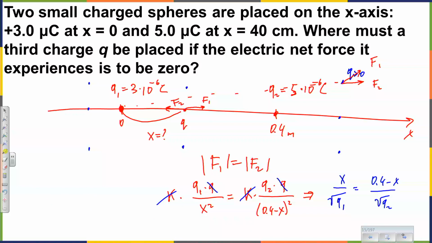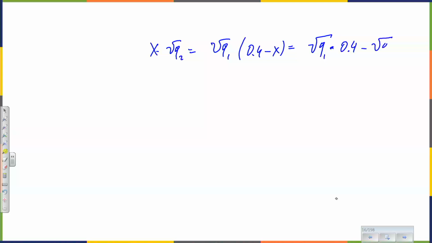So x times the square root of the second charge should be equal to square root of the first charge times 0.4 minus square root of the first charge times x.